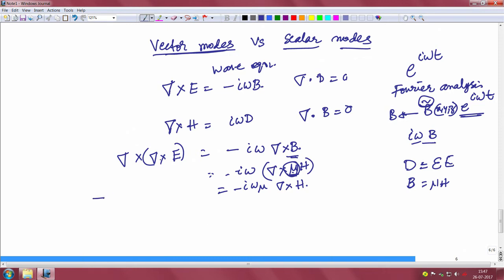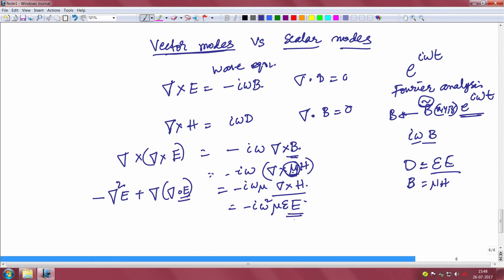So, this can be replaced by the curl identity using del square E plus del of del dot E, that is del cross del cross E. So, del square E plus del of del dot E minus del cross H. We can replace del cross H with this expression to obtain minus i omega square mu, and I will use this to replace D with E. So, we have only the electric field in this expression.